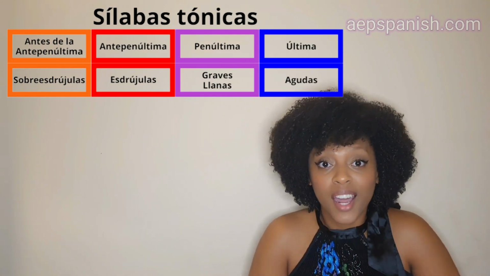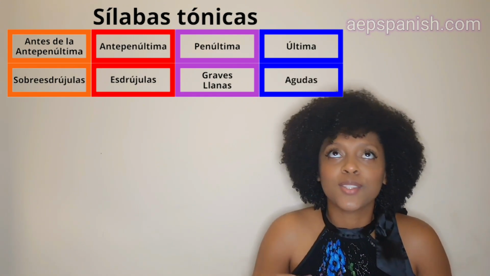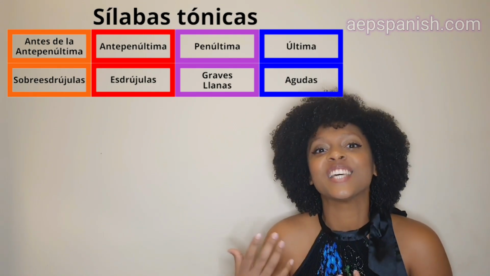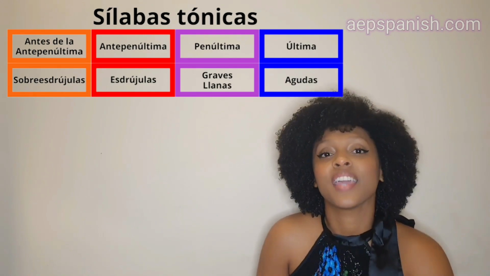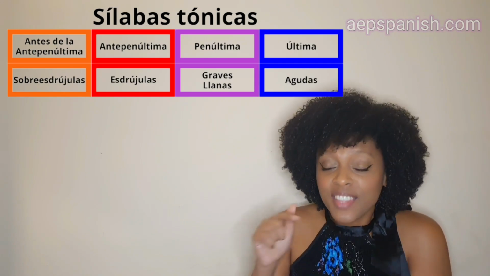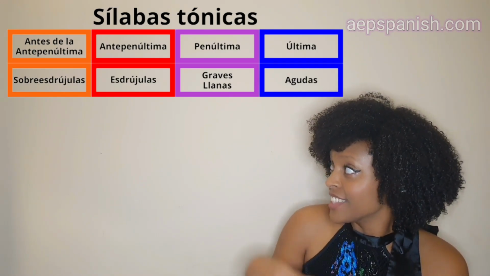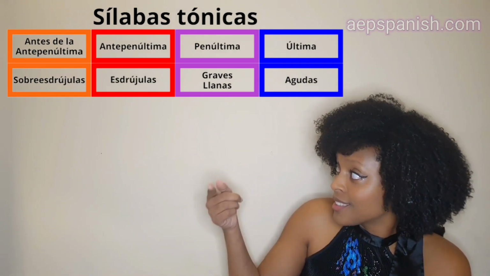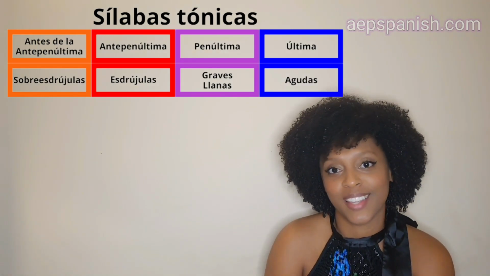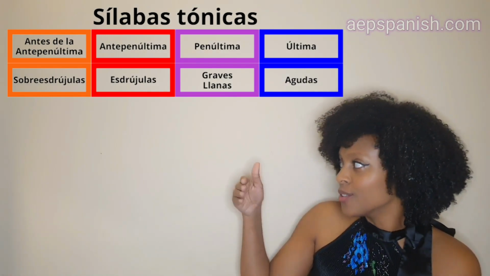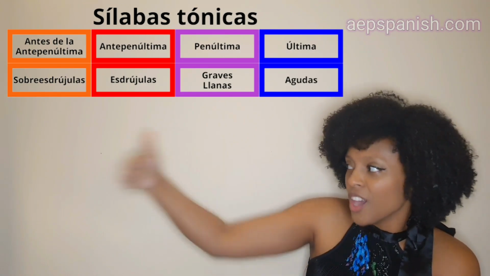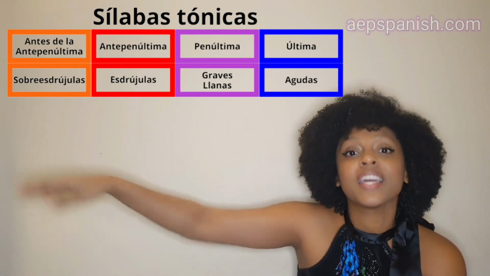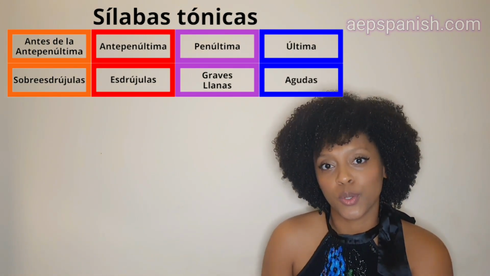And if they are stressed in the antepenúltima sílaba, they are esdrújulas. And if they are stressed in the next one after that, oh my god, I don't know how to say that in English, but you understand the point. You count from the last in the other direction, or beyond that, they are sobreesdrújulas.